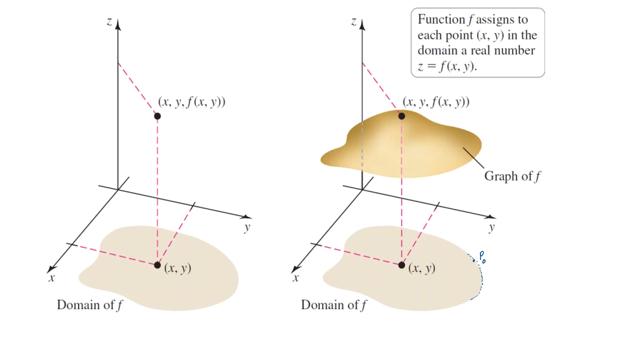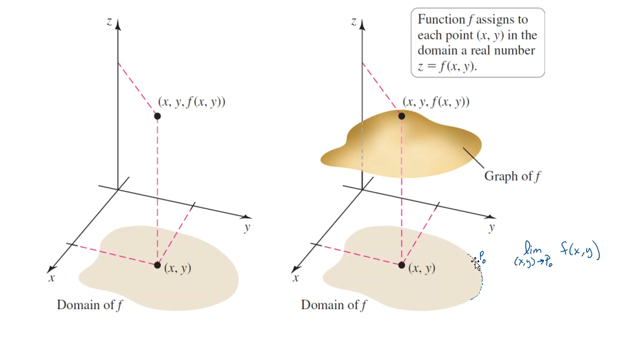And we want to look at the limit as (x, y) approaches P sub 0 of f of (x, y). So what we need to look at is what happens as (x, y) approaches P sub 0.